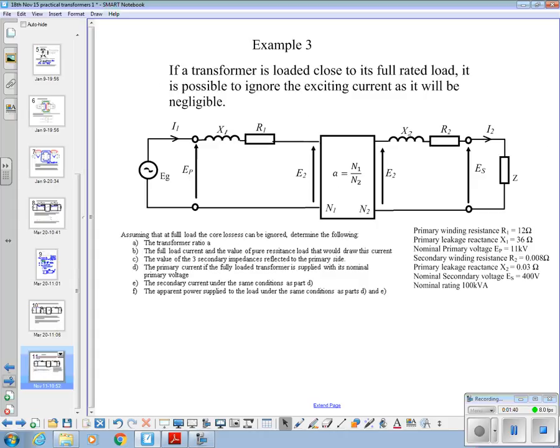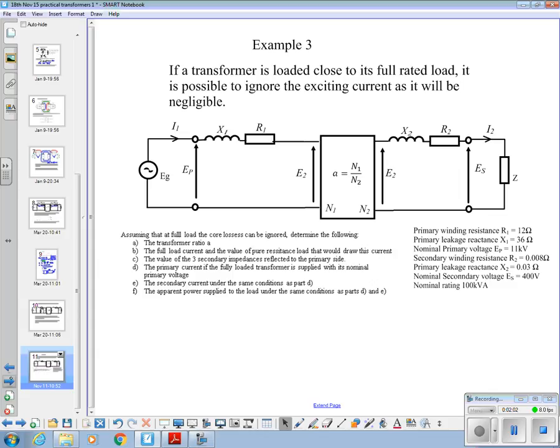So what we're going to have to do to finish off what we're covering today is have a look at doing this example. Okay, so I've given some values for the various components: 12 ohms for R1, 36 ohms for X1.